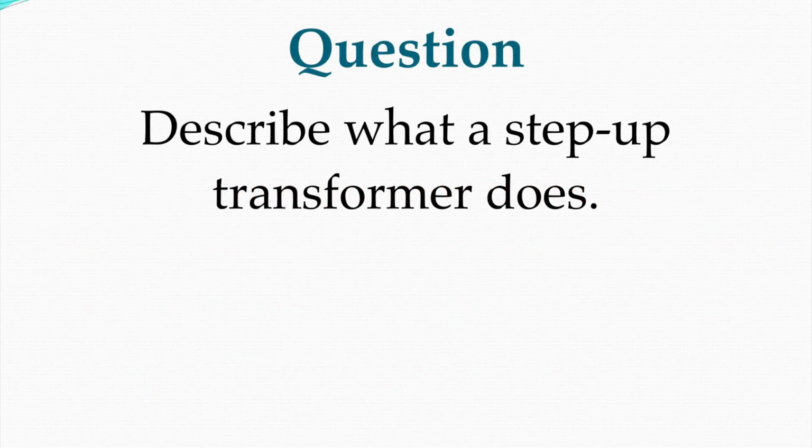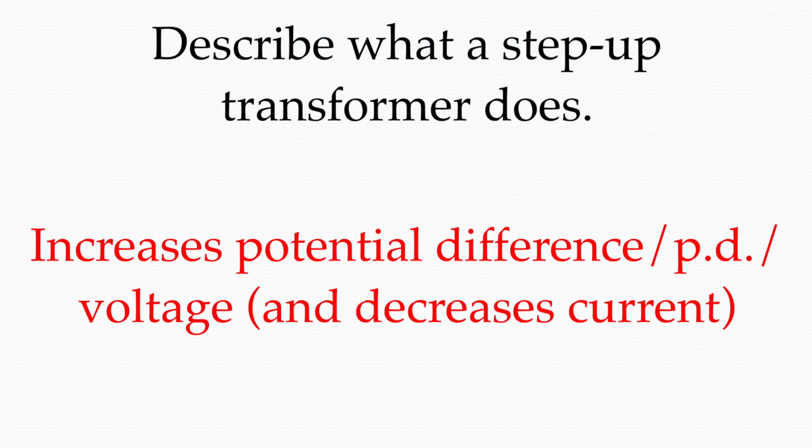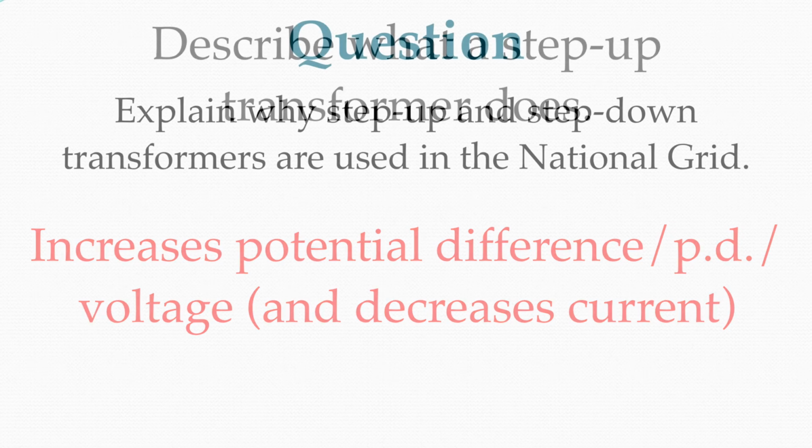Once again, in your books, I'd like you to describe what a step-up transformer does. Pause the video now while you answer the question. A step-up transformer will increase the potential difference or voltage.